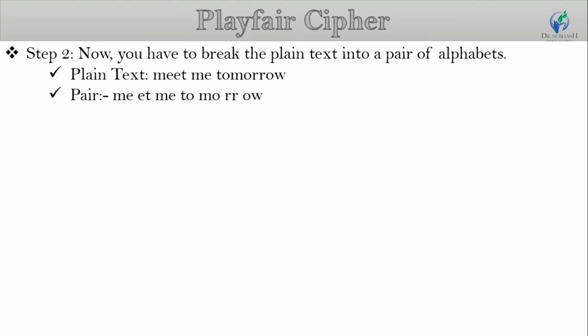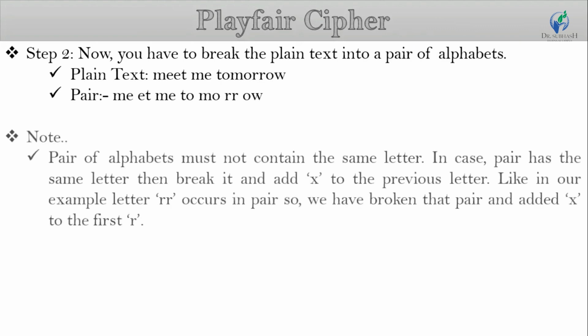Now we have to follow these instructions for the pairs. The first instruction is that a pair of alphabets must not contain the same letter. In this case, if a pair has the same letter, then break it and add X to the previous letter.